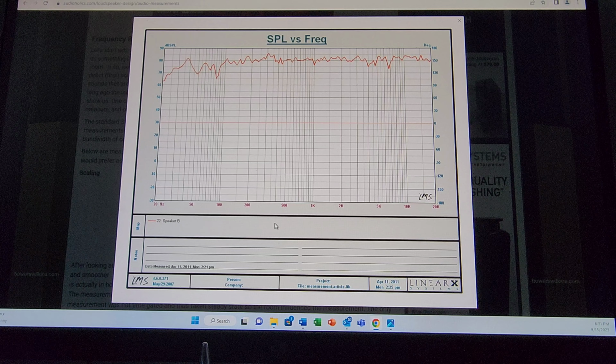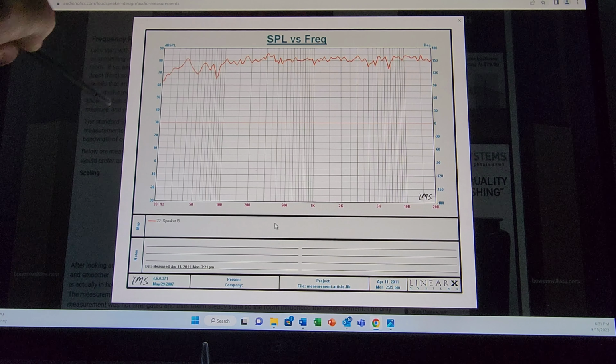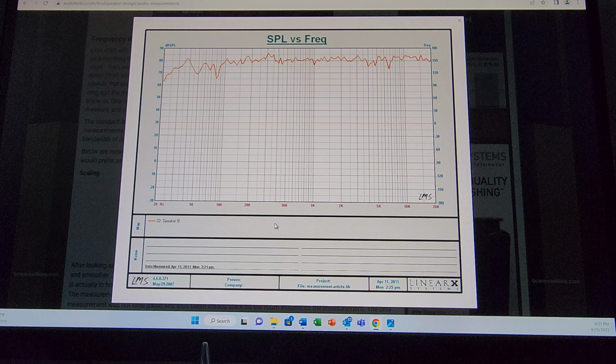Now, it may surprise you, it may not, but this is the exact same pair of speakers, the exact same data. All that has changed is the visual representation, by changing this axis. This is now a 120 dB scale, negative 30 dB up to 90 dB.